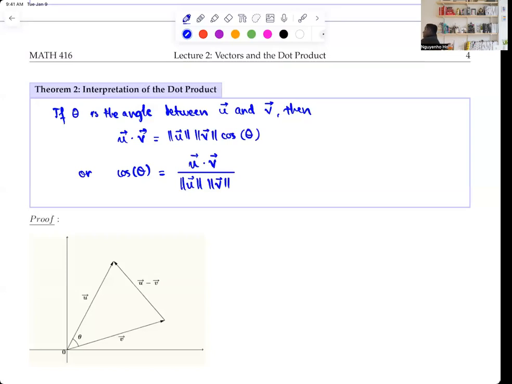So let's quickly prove this theorem. It's a very straightforward proof using the information that we learned from the past.